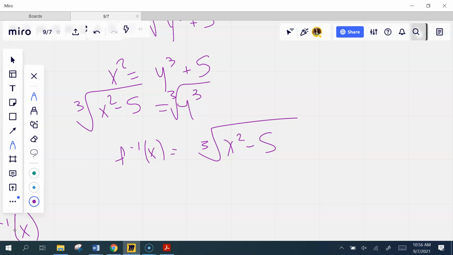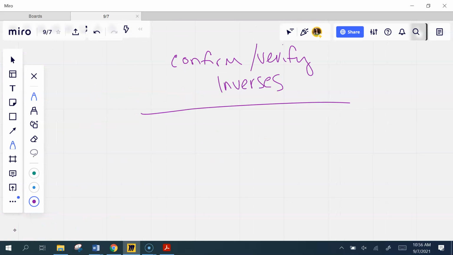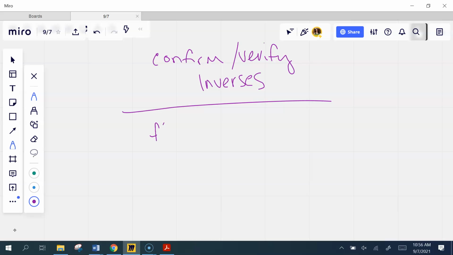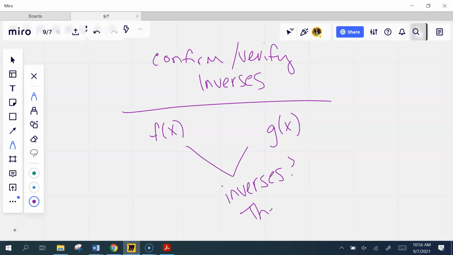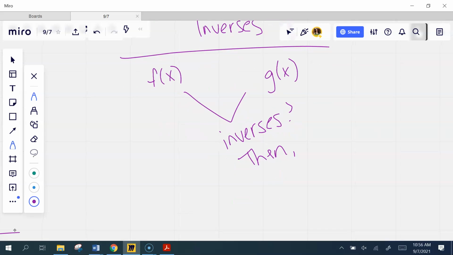Good job, Adam. You remember. It equals x. So if two functions are inverses of each other, let's say I have f of x and g of x, if these are inverses, then that means to confirm or verify.